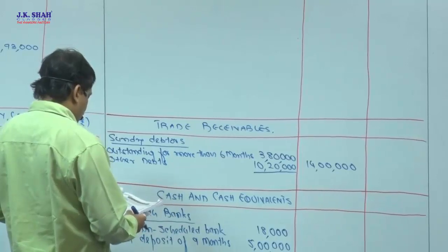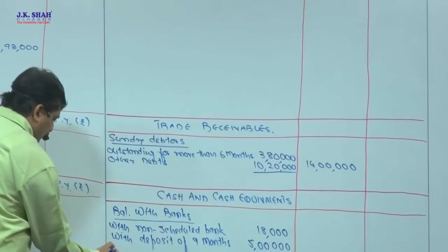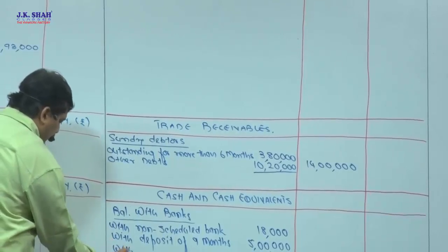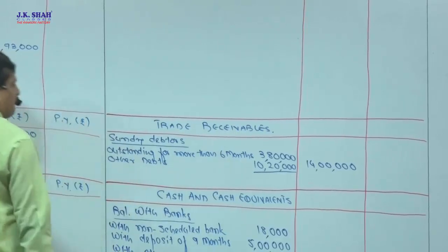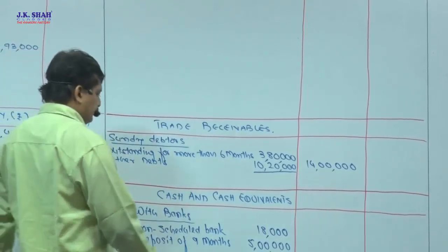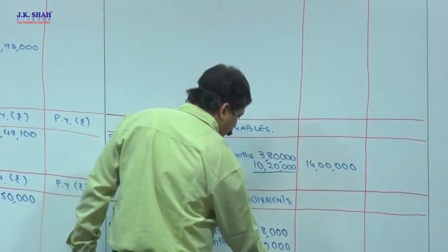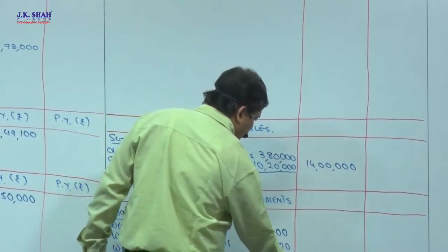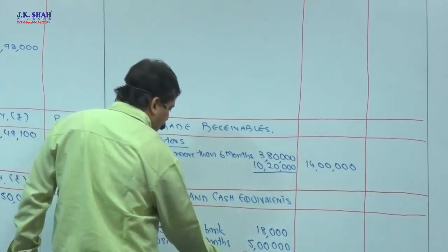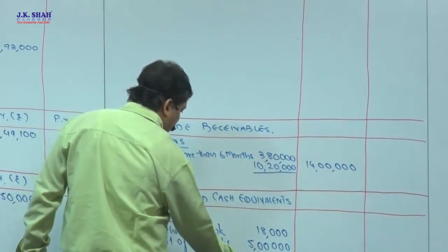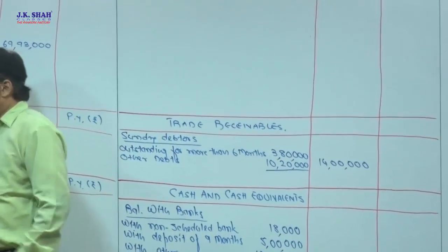What is the total amount in the trial balance? 1729. Balance will be with others. Your total is 1729. Find out the difference. 12 lakhs 11,000.